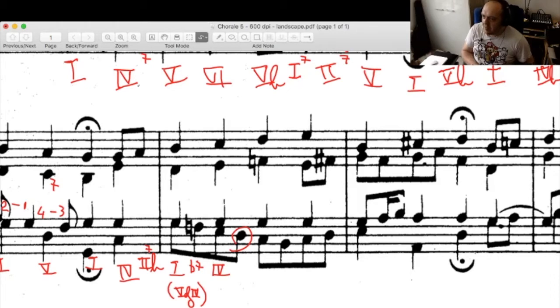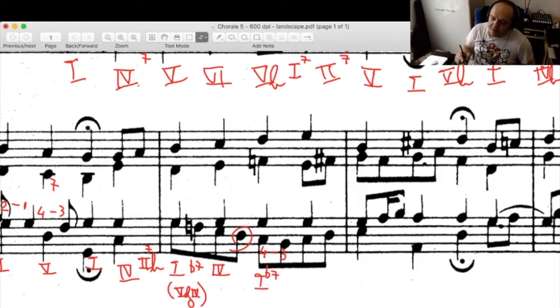Again, I have 1 flat 7, 5 of 4, with a 4-3 passing note in the bass.